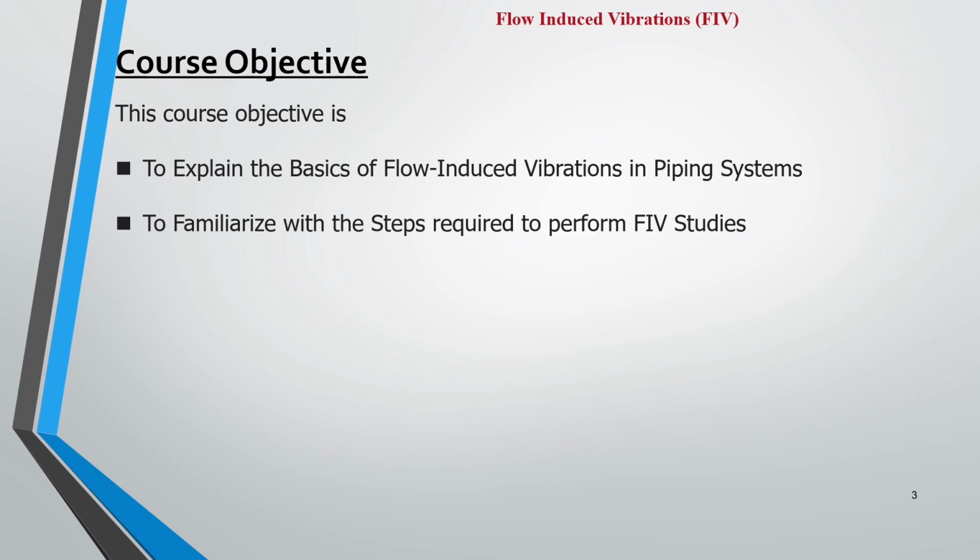So we will be learning the step-by-step methods so that we can screen our lines, or what are the steps followed in design consultancies to perform FIV studies. Then to explain some of the mitigation methods. So these are the course objectives.